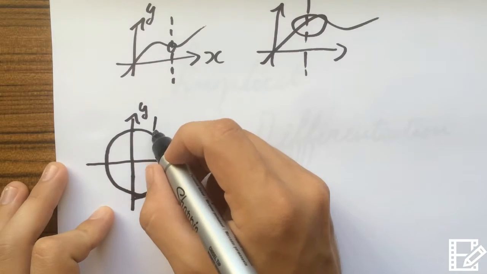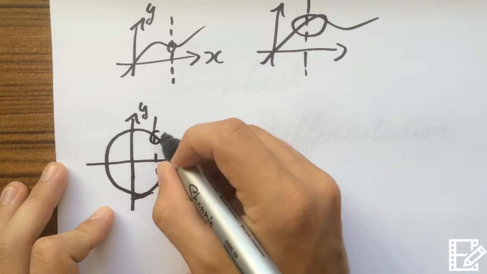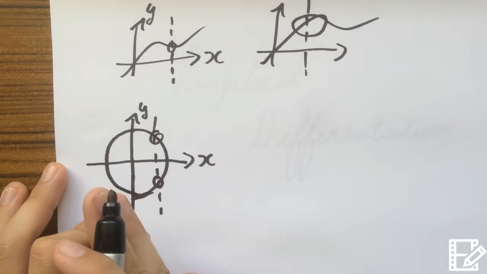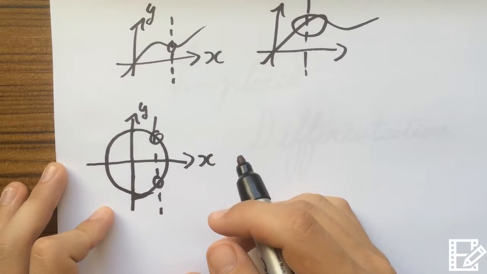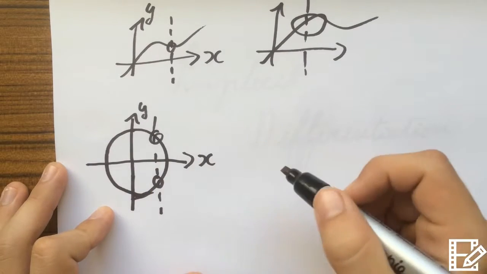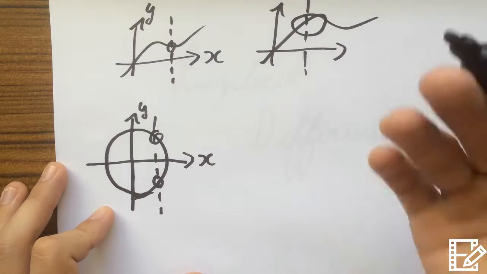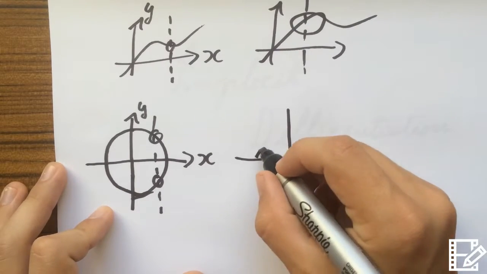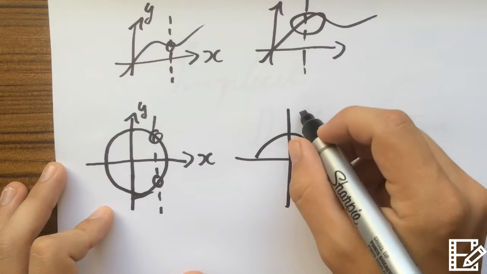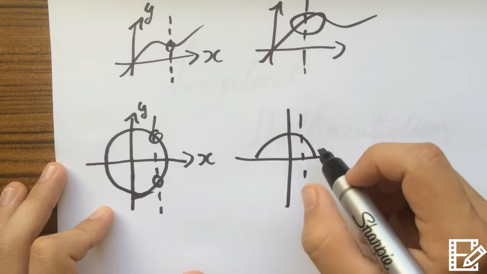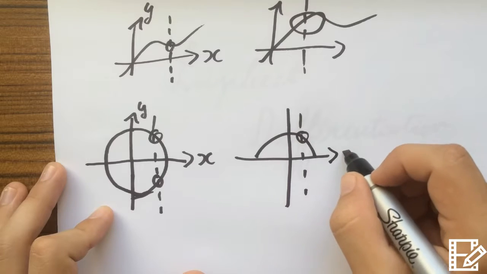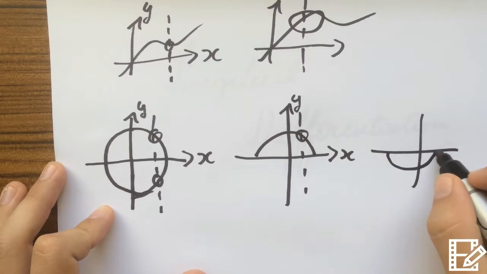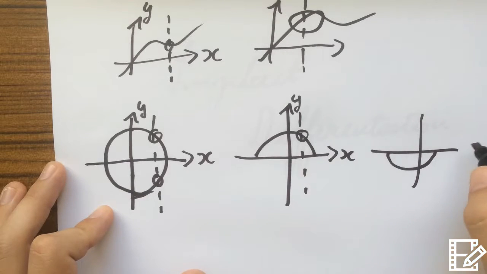Now, if we use the vertical line test, we pick up x twice. That means with one x value, we get 2 y values on this graph. So, that's problematic. You could use the vertical line test on the top half, which would give you one x and one y, and then do the exact same thing.